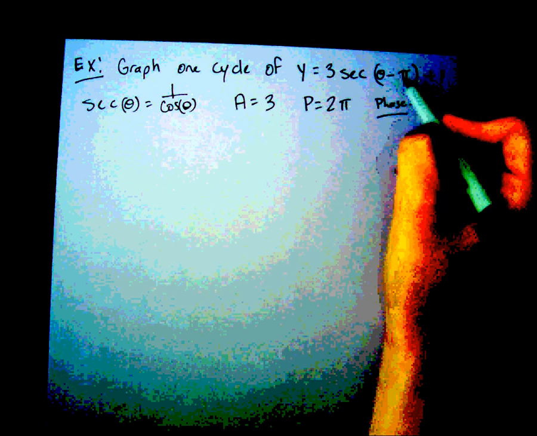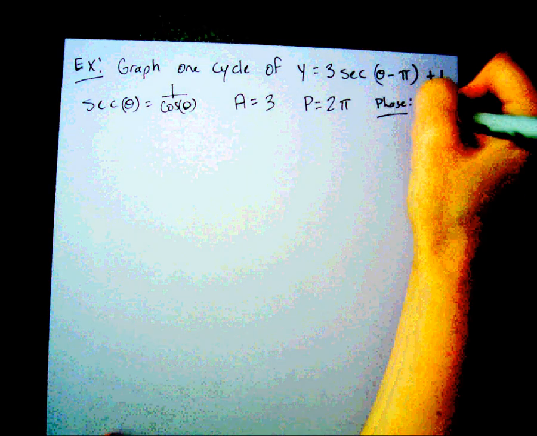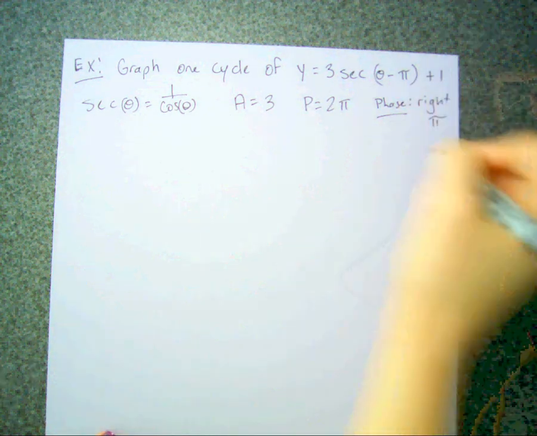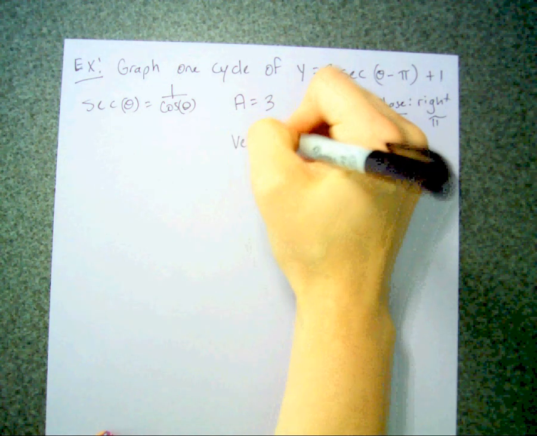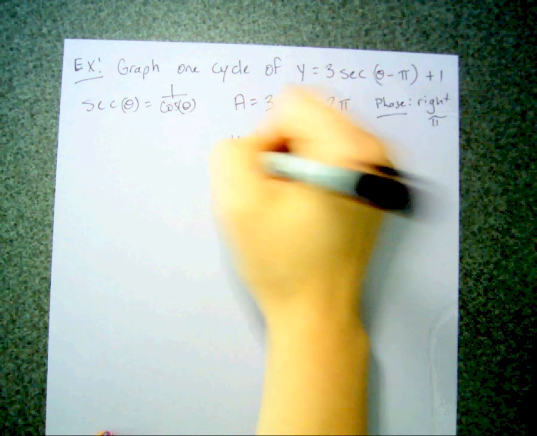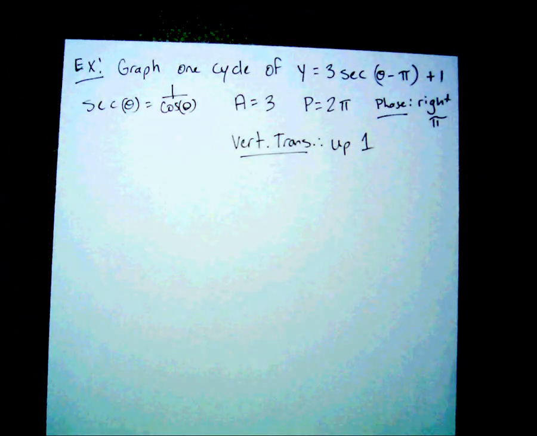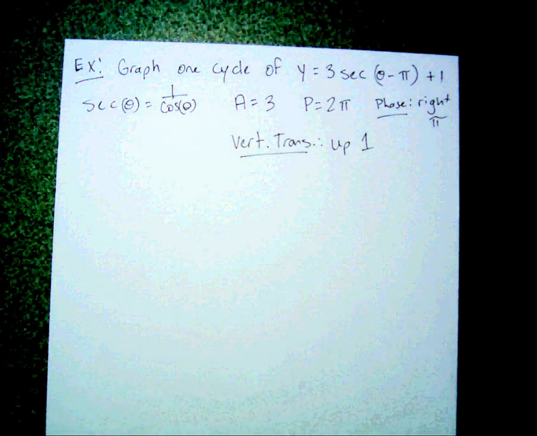My phase shift, remember, horizontal is opposite, so I'm going to the right pi. And I also have a vertical transformation, and I'm going up 1, which will affect my range as well, right? It'll affect the y values.